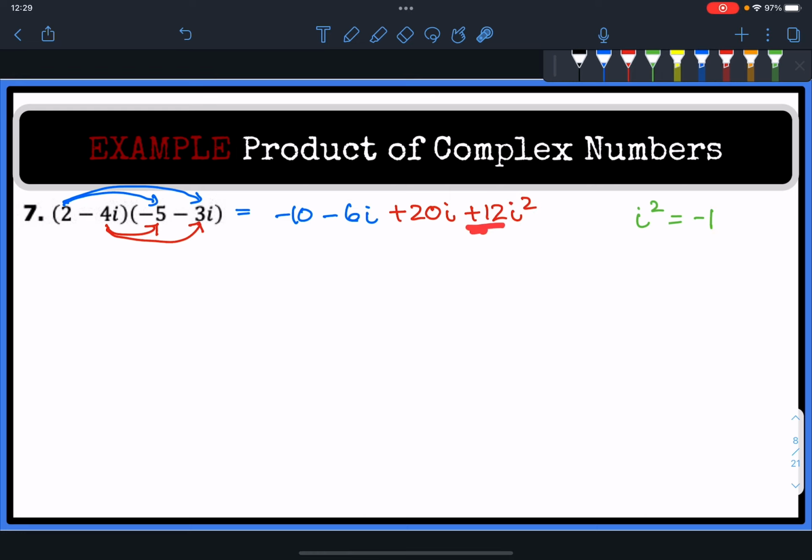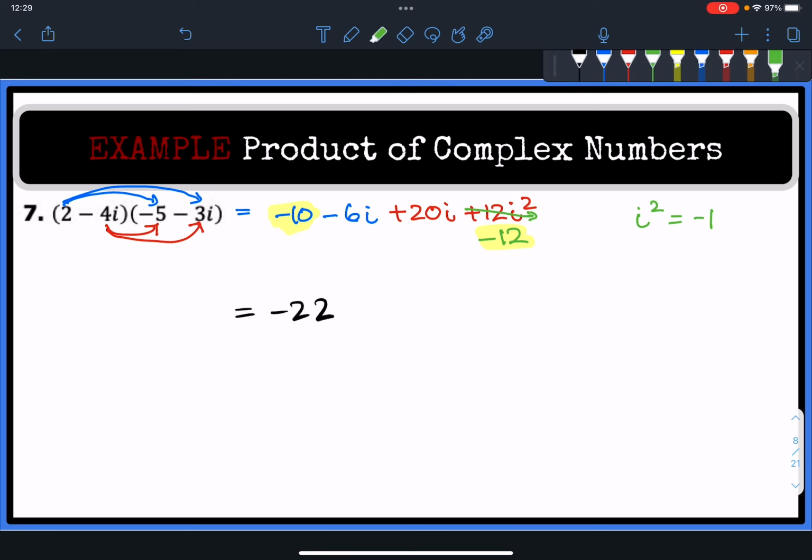So I'm multiplying 12 with negative 1 essentially. And by doing so, this is going to simplify to negative 12, again giving me a real number instead of a number with i to the second power. And because of that, this negative 12, which is a real number, can be combined with the negative 10, which is also a real number of this complex number, and end up with a total of negative 22.